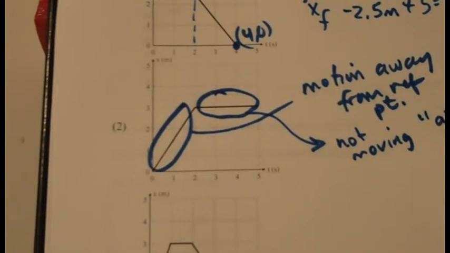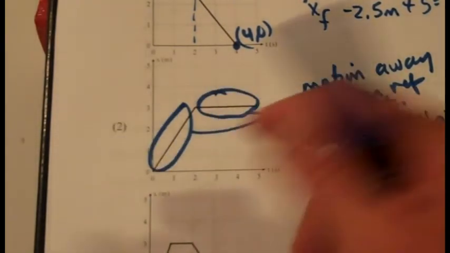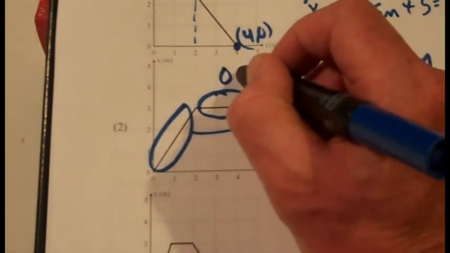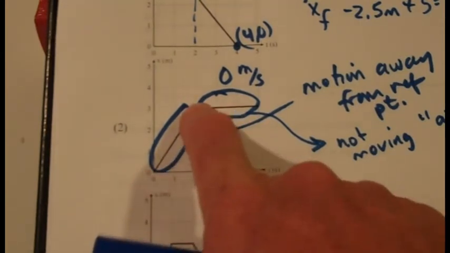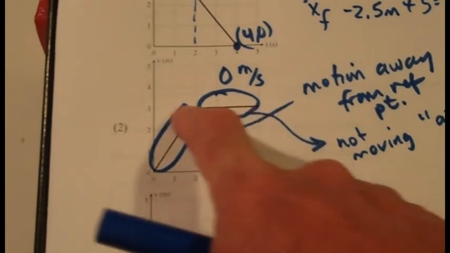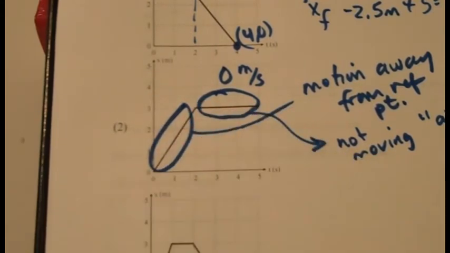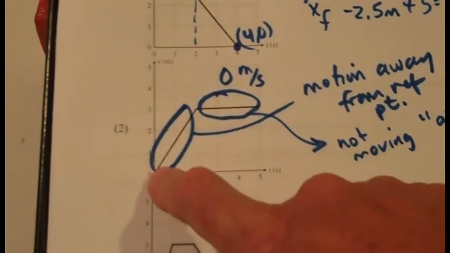Whenever you see a horizontal line here, that slope is 0 meters per second. A slope of a horizontal means there's no motion, right? So maybe it's a stop sign and the object is stopped for a little bit, or maybe a stoplight. So we have motion away and then stopped.